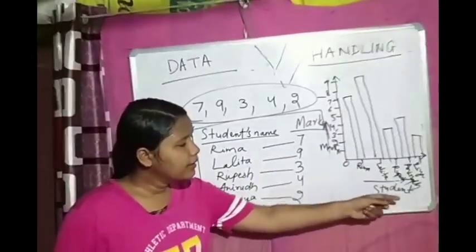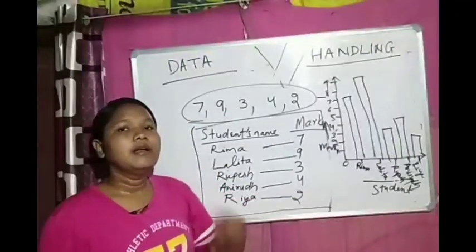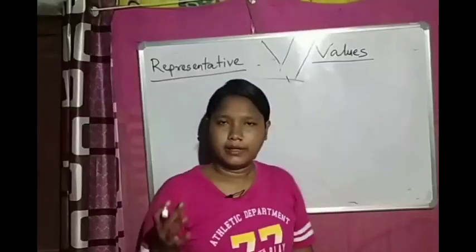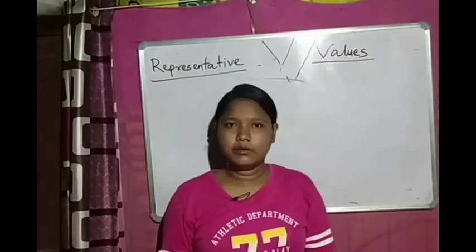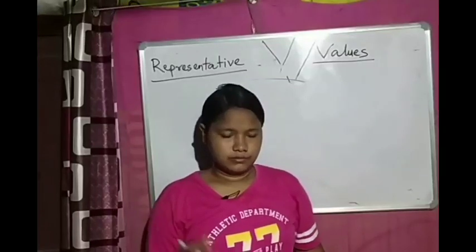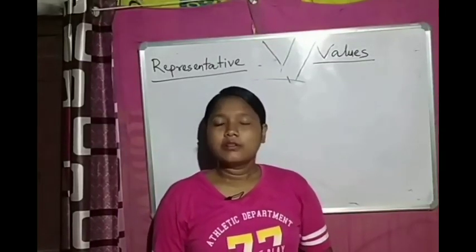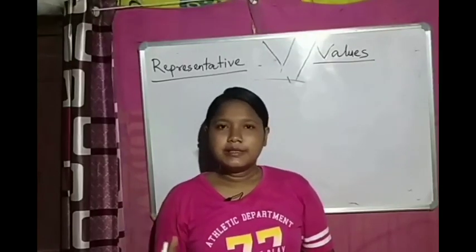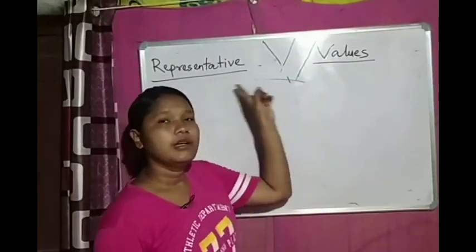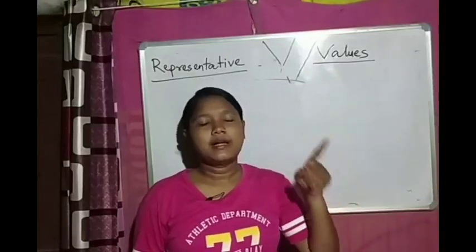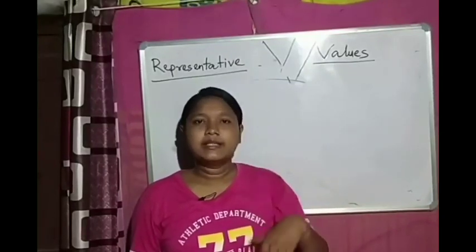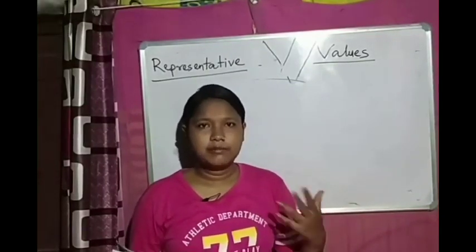So till this point we studied in the last class. Now we'll go to what is given in class 7th, that is representative values. Already I have written representative values. Data are representing some values, and that will give us information.